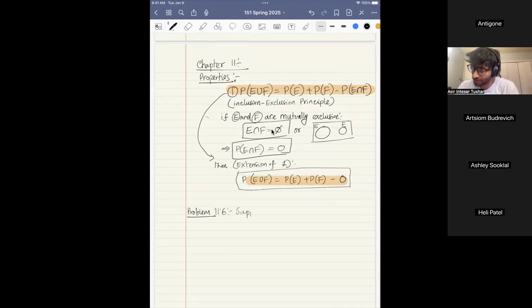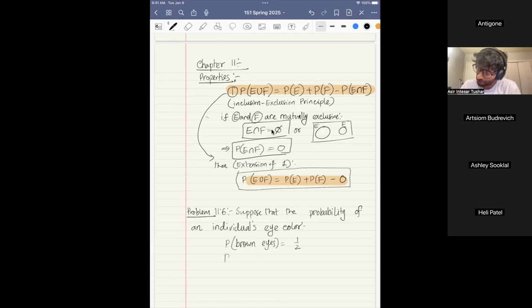Suppose that the probability of an individual's eye color is: probability of brown eyes is 1/2, probability of blue eyes is 1/8, probability of green eyes is 3/8.